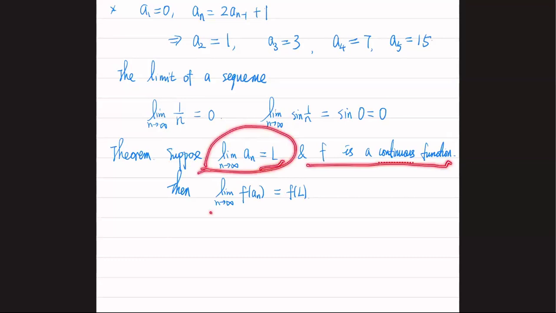In this case, the limit of this new sequence is given by the value of f at the limit.